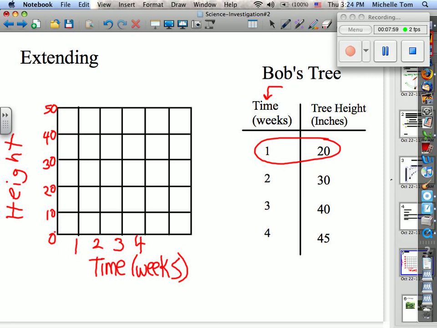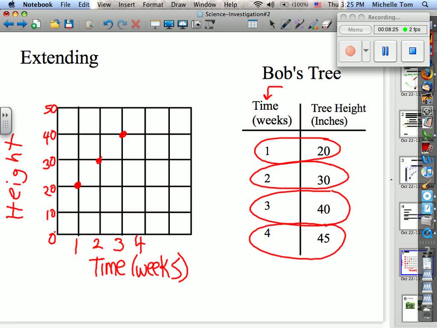Okay, now that I have my numbers, I can go back. On week 1, the tree was 20 inches. So I'm going to go to week 1 and 20 inches and put a little dot there. On week 2, it was 30 inches. So I'm going to go to week 2 and 30 and put a dot there. Week 3, it was 40 inches. And week 4, 45.